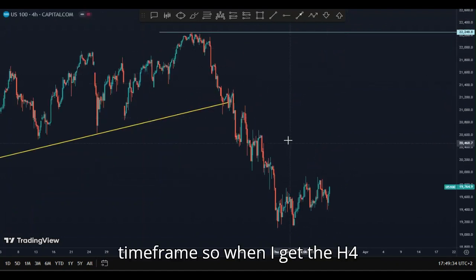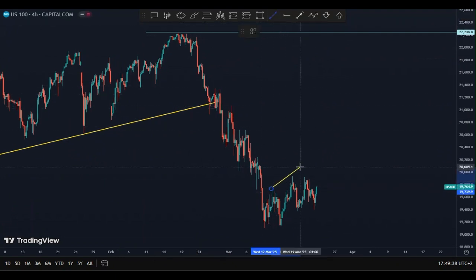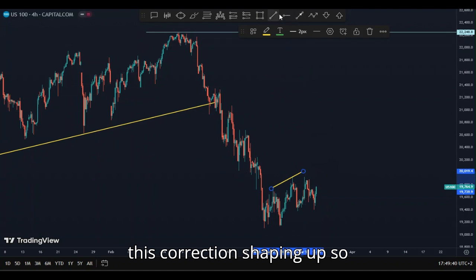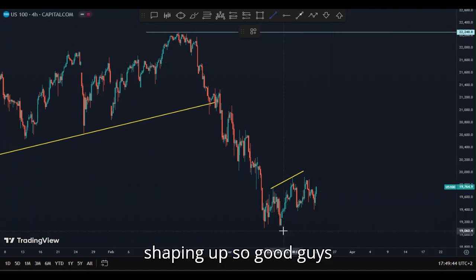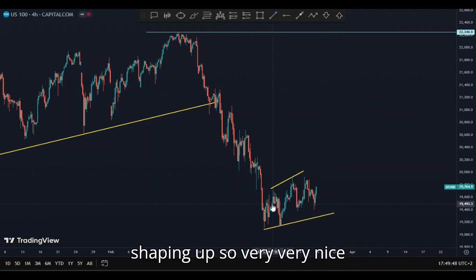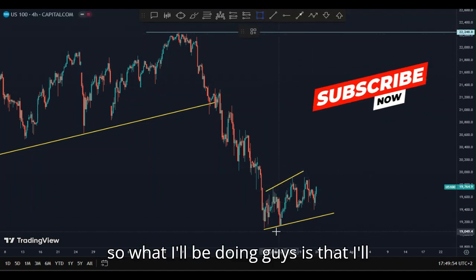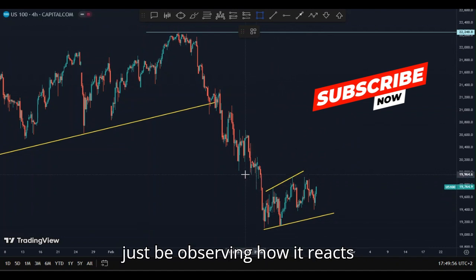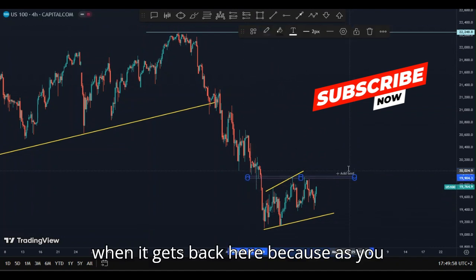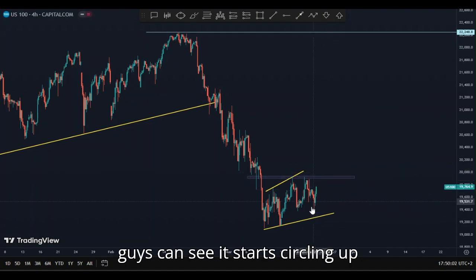time frame. So when I get to the H4, guys, I can already see this correction shaping up so nicely. It's shaping up so good, guys. So what I'll be doing, guys, is just observing how it reacts when it gets back here, because as you guys can see, it's still trickling up.